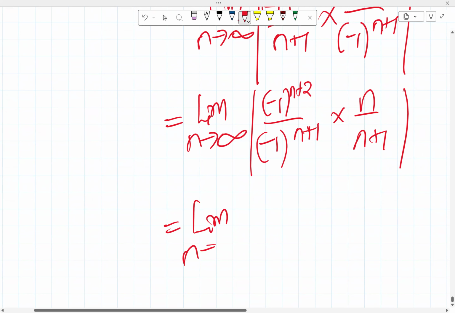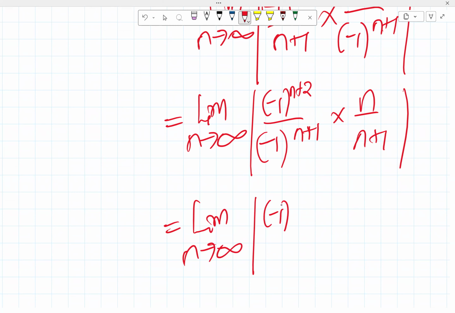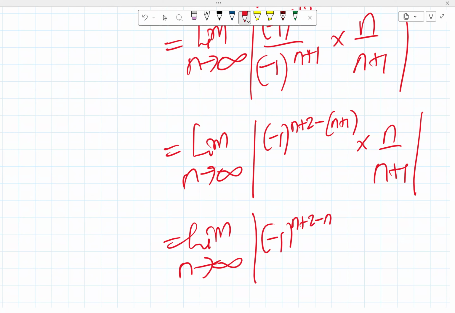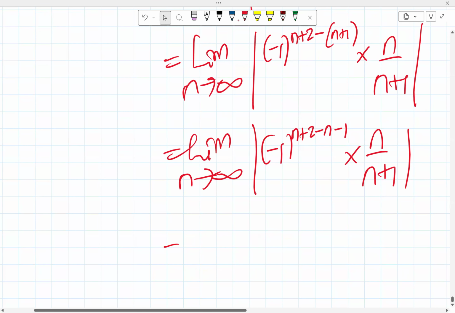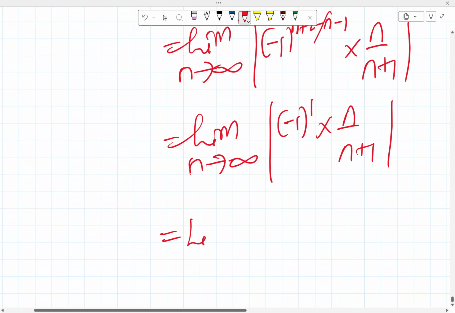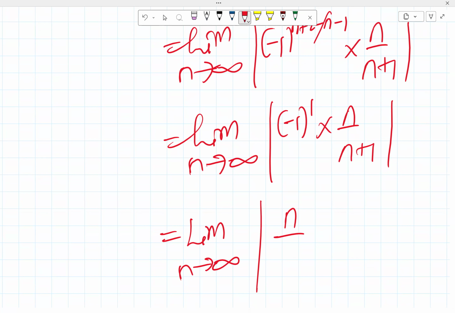So we have the limit of (-1) raised to the power (n+2)-(n+1), times n over n+1. So this is (-1) raised to the power n+2-n-1, times n over n+1. The n cancels, and 2 minus 1 is 1, so this is (-1)^1, which is simply minus 1, times n over n+1. So the limit as n approaches infinity of n over n+1.